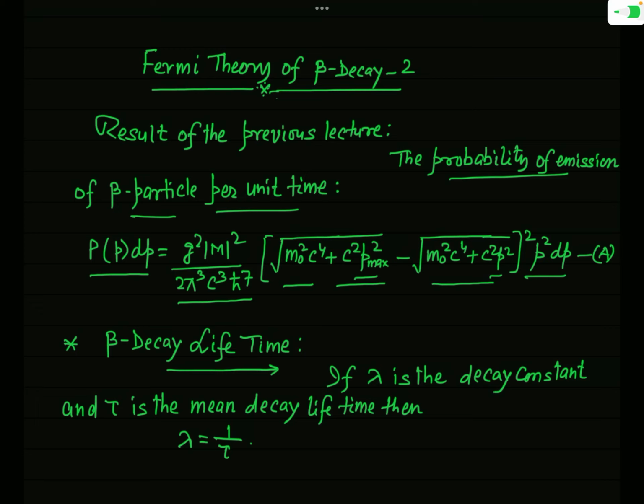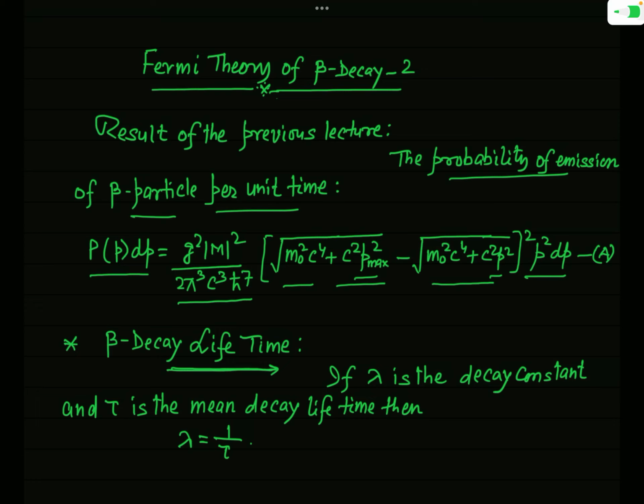So this was our result for the probability of emission of beta particle per unit time. Now in this second part of the lecture, we are going to find the beta decay lifetime. We are going to calculate it in this lecture.